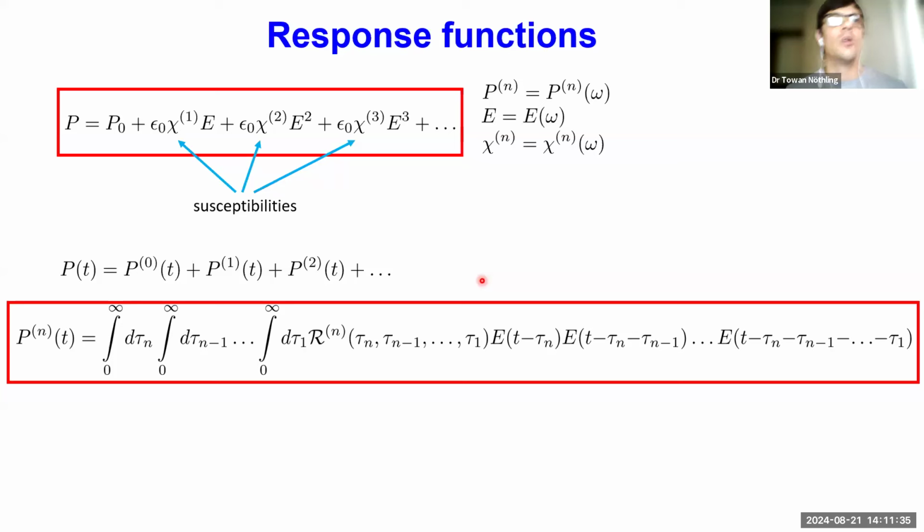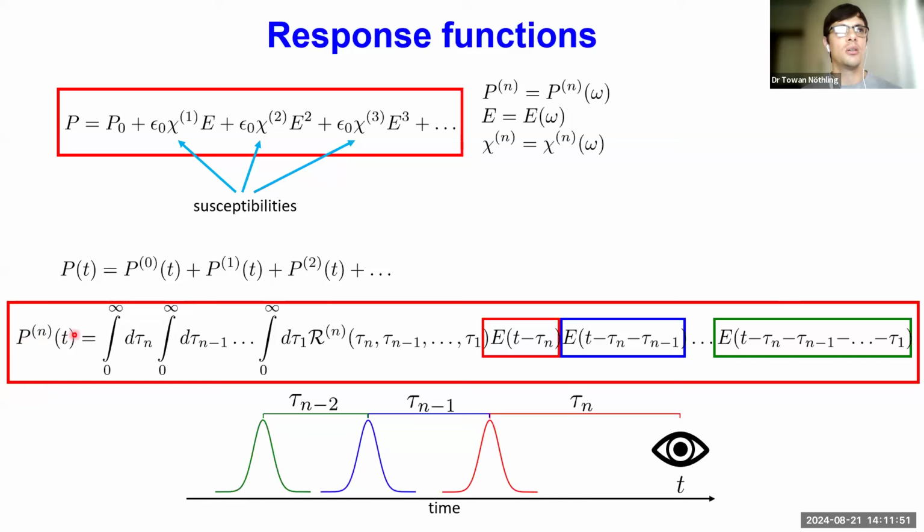Now, we can calculate the nth order of polarization using this monstrous equation. It looks quite convoluted, but it's really not that bad. All it says is that the nth order polarization at a point in time, t, so let's say we observe the polarization at time t, has to do with n interactions with electric fields.